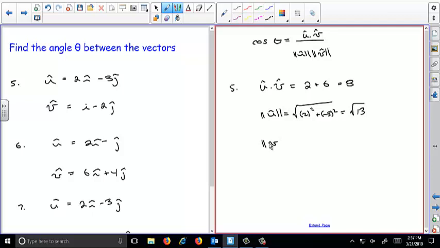The magnitude of v is the square root of 1 squared plus negative 2 squared, which is the square root of 5. So the cosine of theta is going to be 8 divided by the square root of 13 times the square root of 5. And that number has to be between negative 1 and positive 1. It always has to be, or you've made a mistake.